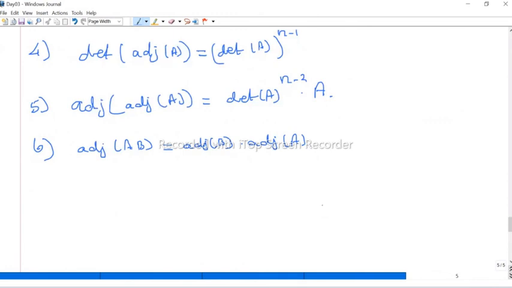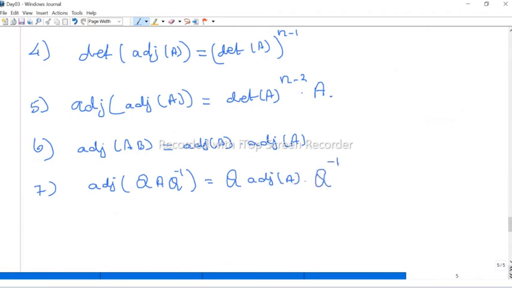Okay. Suppose we have a matrix of the form Q A Q inverse. Then we can take the adjoint inside. Therefore, we get Q times adjoint of A into Q inverse, for any invertible matrix Q. The next property of adjoint: suppose two matrices A and B satisfy the commutative property, suppose AB equals BA, then what about the adjoint?